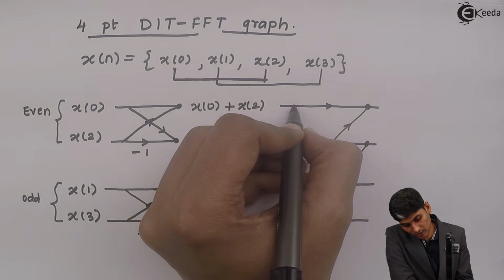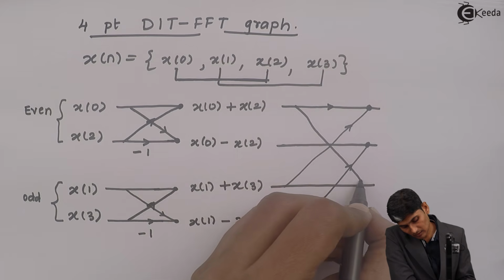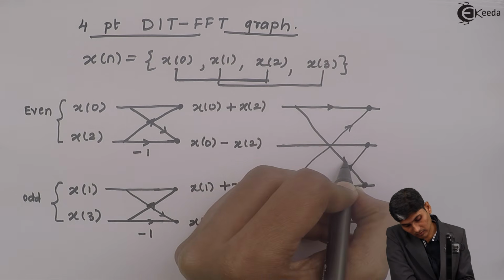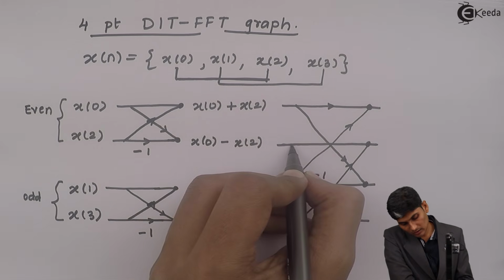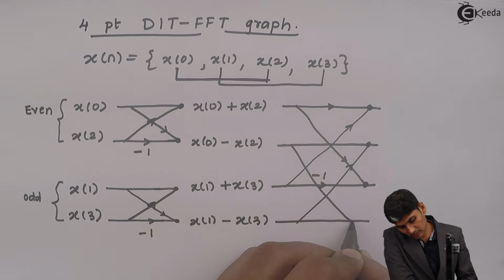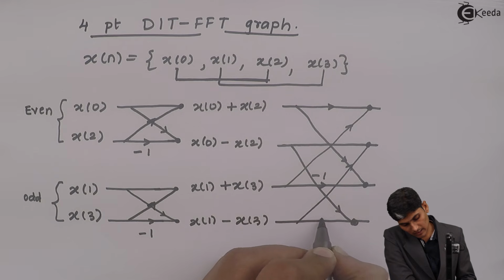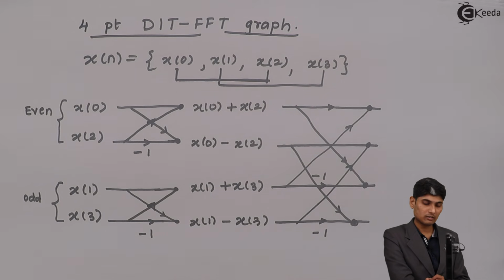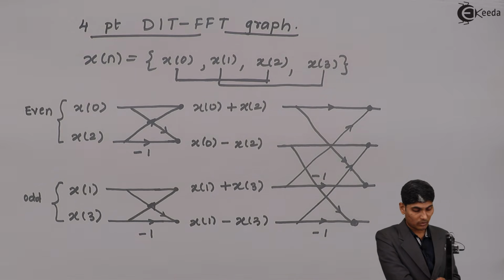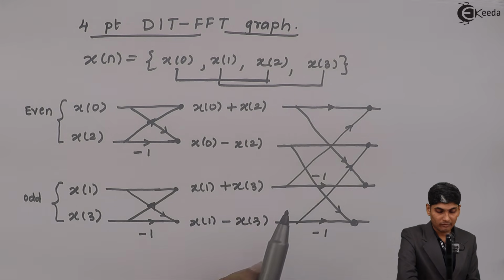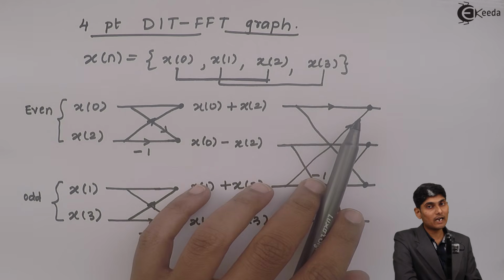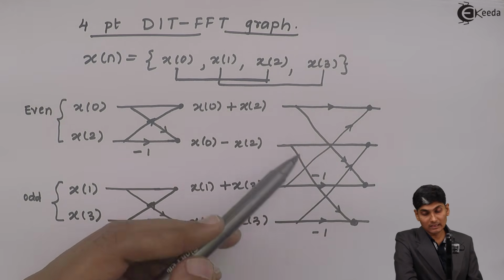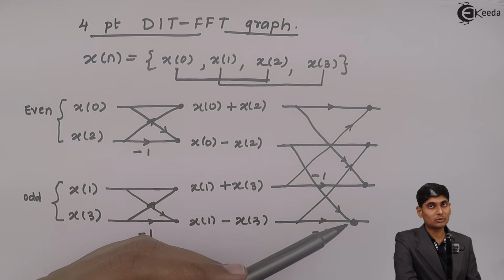Similarly, we bring down and negate the third value, and similarly I bring here and negate the fourth value. So what I did: when I traverse upwards I add, and whenever I traverse downwards I subtract.